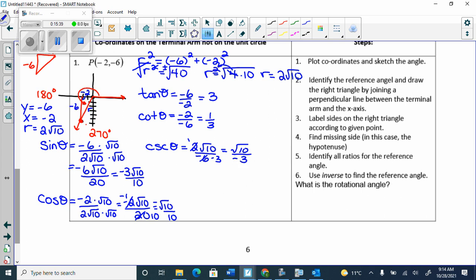Because you can move that negative sign anywhere. It just can only exist in one spot. So it can be in the top, it can be out front, in front of the fraction, or it can be in the denominator. They can move it, right? As long as you have one negative sign. Then what's friends with cos? Secant.